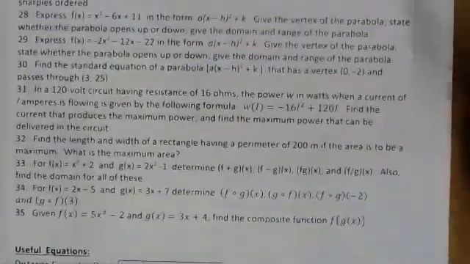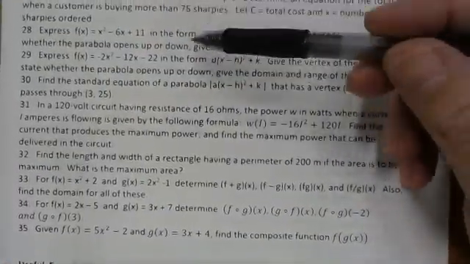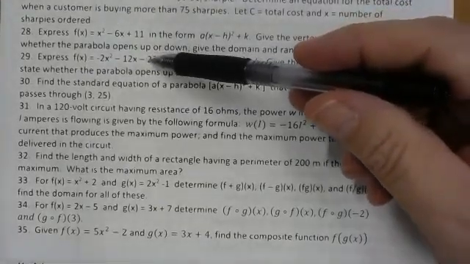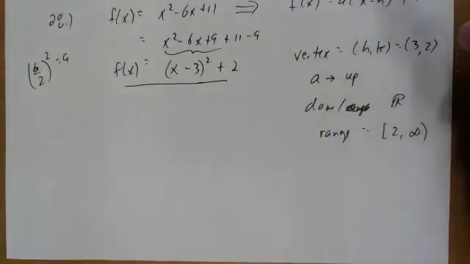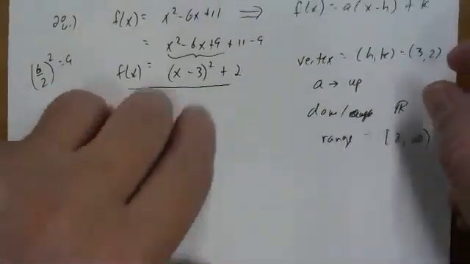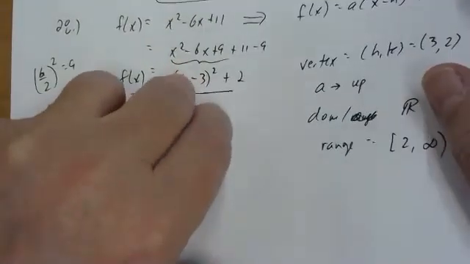So 29, going to do the same thing, different equation, all the same thing. So I'm gonna have to complete the square again.